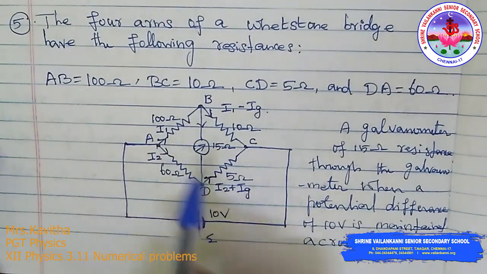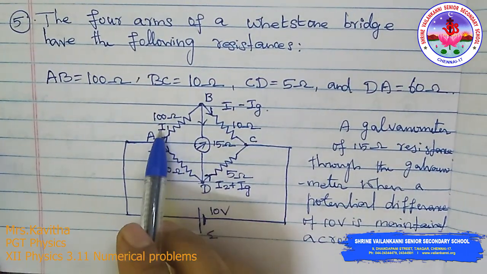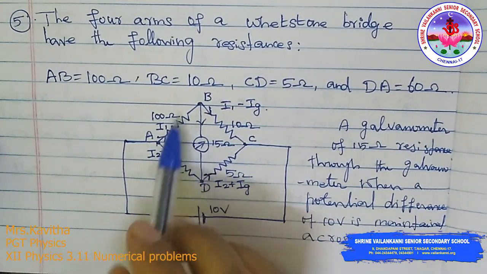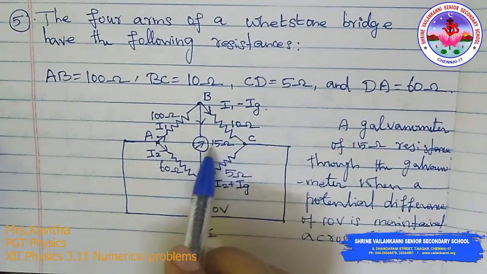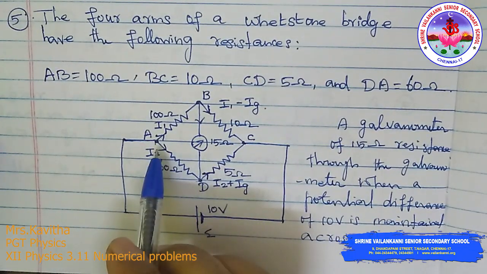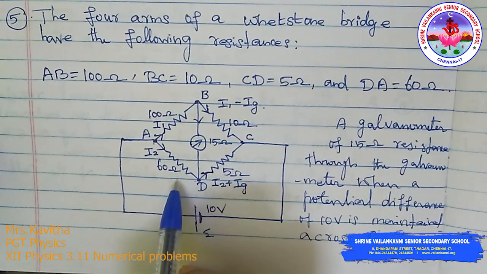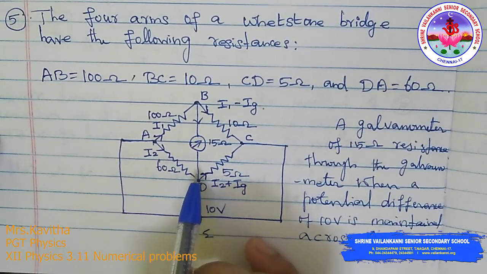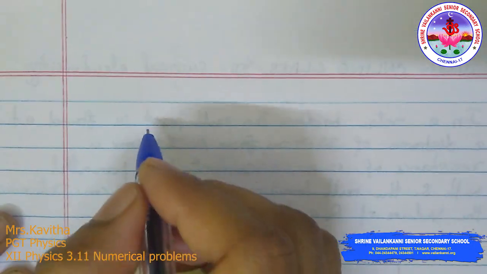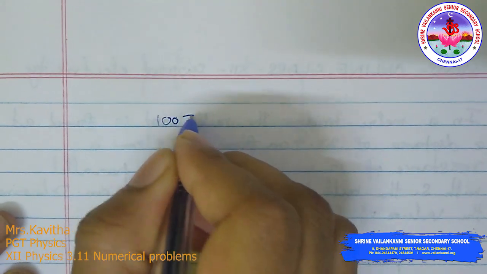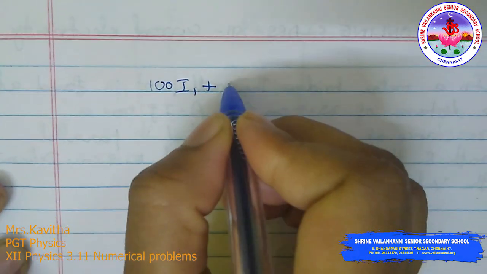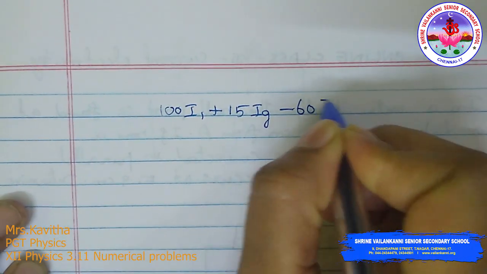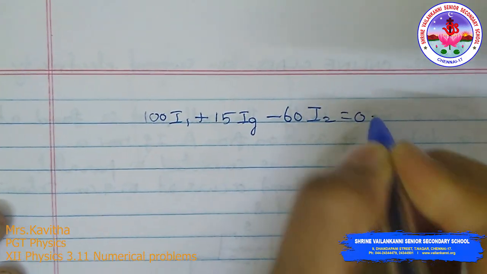From that we get 100 I1 plus 15 Ig minus 60 I2 equal to 0.